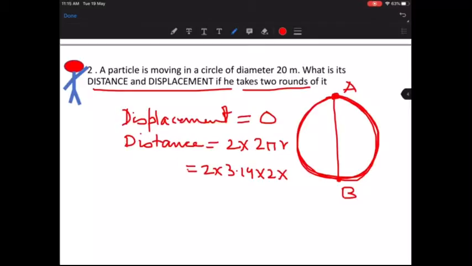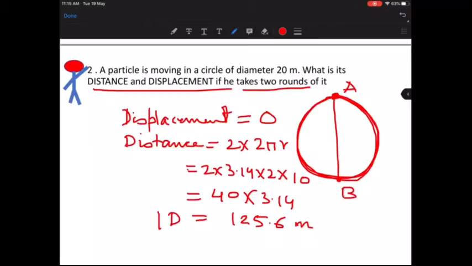Your r is given as 10 because your diameter is 20, so it is 10. So if you multiply, you will be getting 40 into 3.14, which will come out to be 125.6 meters.